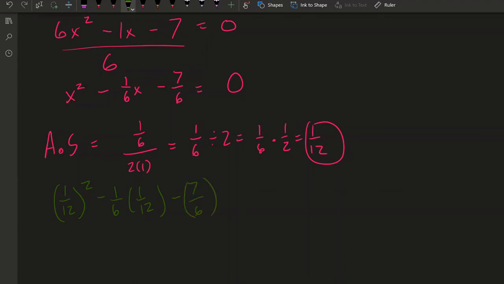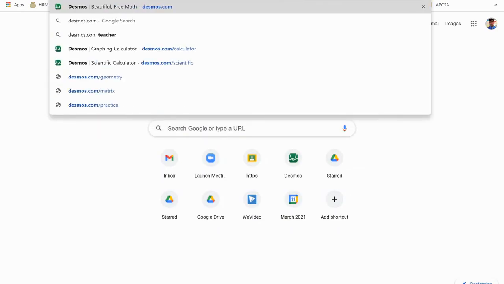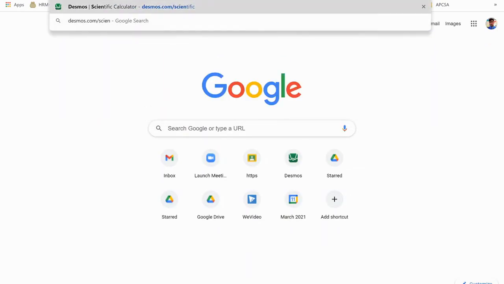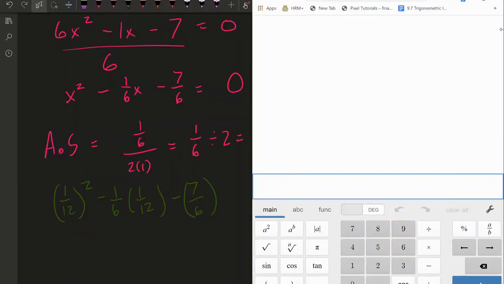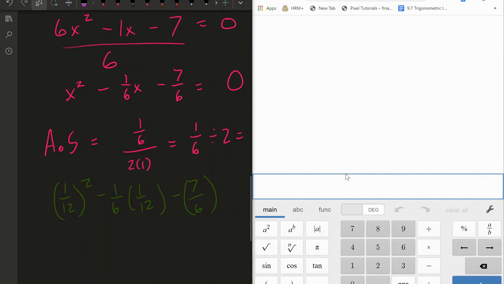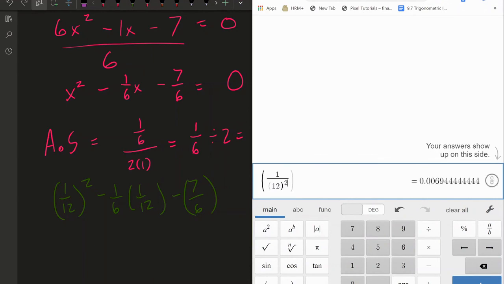Now, in this case, I'm going to switch over to a calculator that handles fractions a little bit better. I'm going to go over to the Desmos.com scientific calculator, because it will let me do this. 1/12 squared. Let's make sure we put that squared in the right spot.